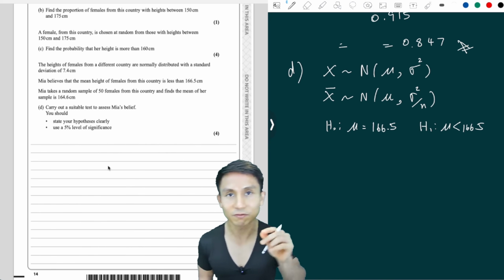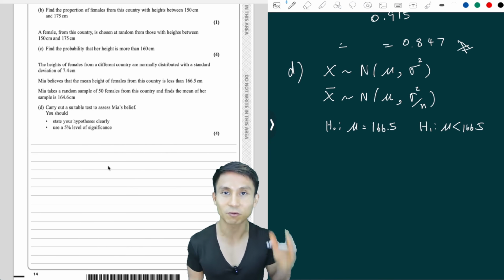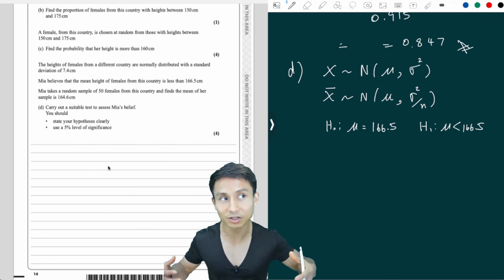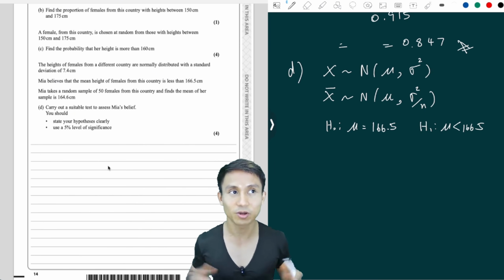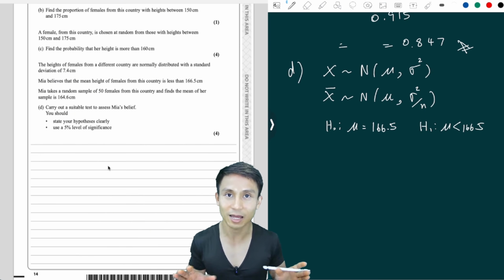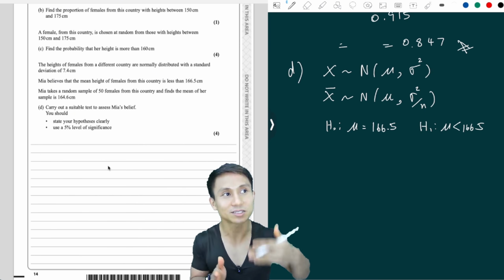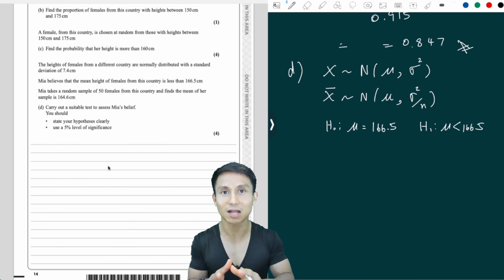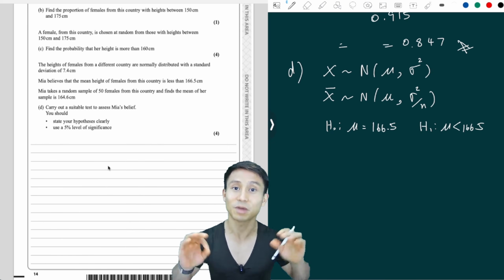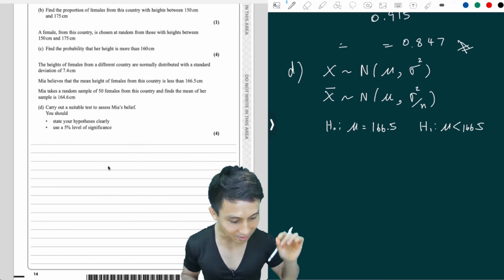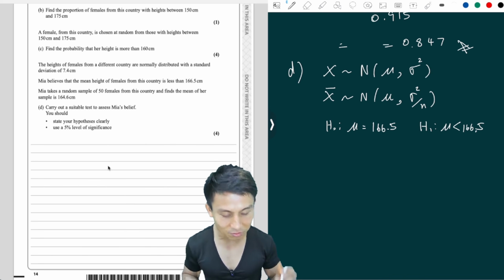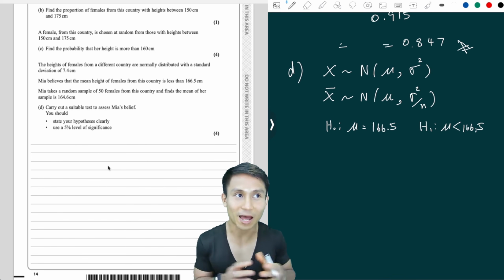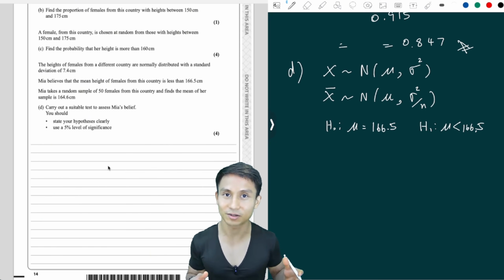Now don't get confused with the 164.6, because that is just the mean from the sample. You are not assuming anything about that. You are just testing whether that value will indicate some evidence that the mean of 166.5 will actually change.